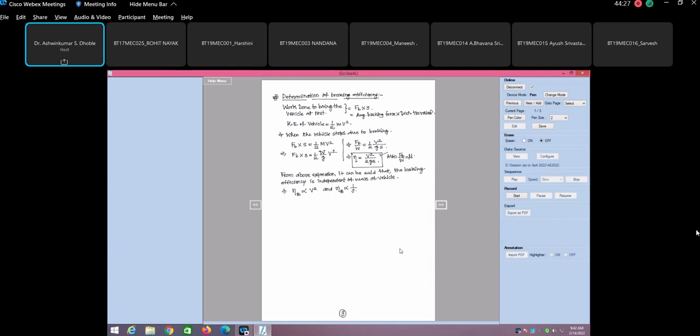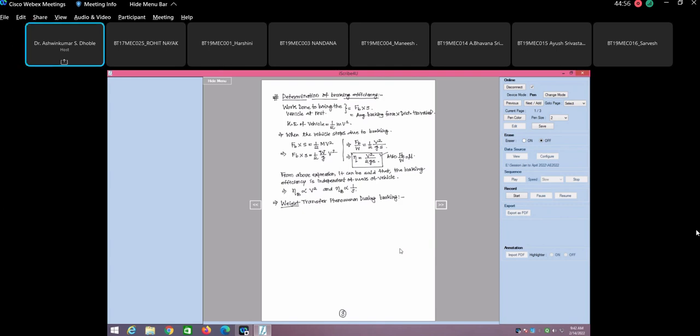Now we will discuss the weight transfer phenomenon during braking.